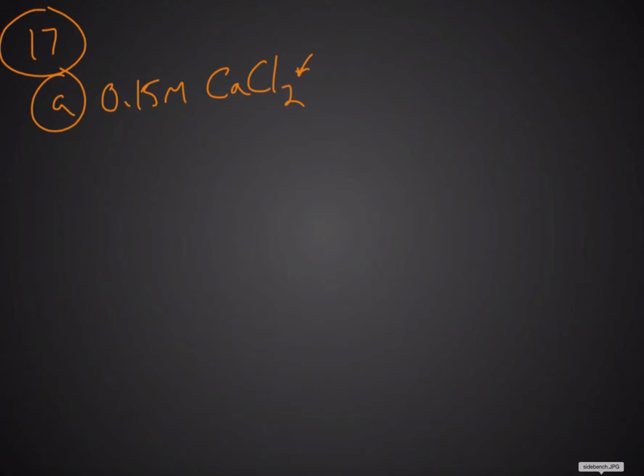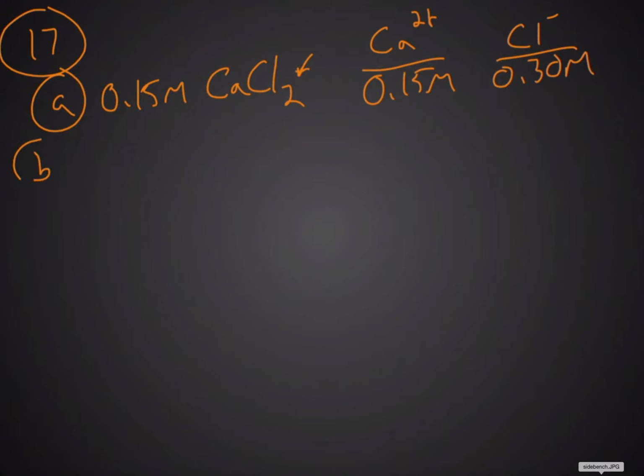So in this case, for the calcium, we would have a concentration equal to the concentration of the solution. And then for the chloride, we would have a concentration that's double the concentration of the solution, so 0.3 molar.